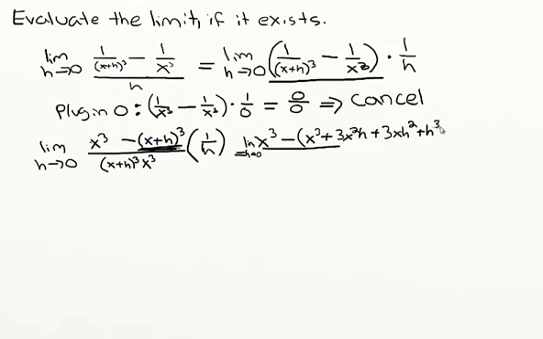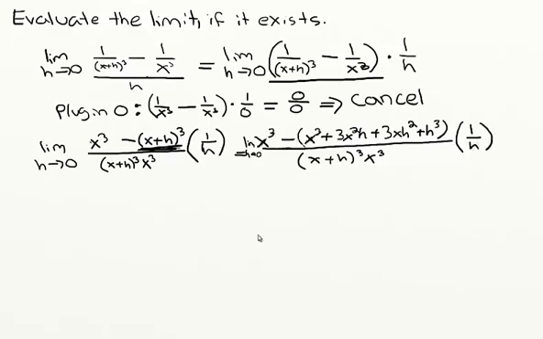Now if you don't remember that little trick, you can just write x plus h times x plus h times x plus h and then do all that distribution, and then we'll carry down the bottom here, so x plus h cubed times x cubed in the numerator, and then we have a 1 over h still left over.